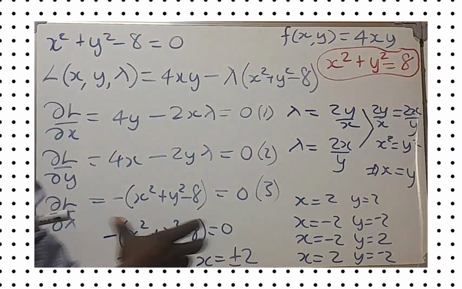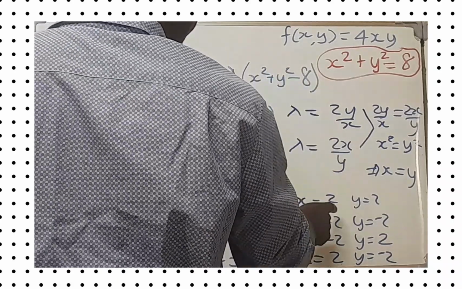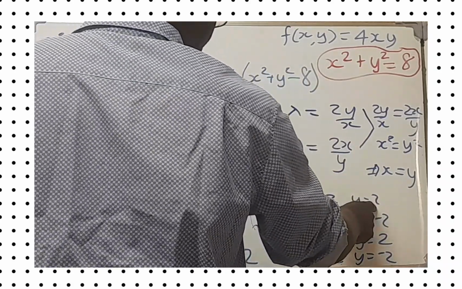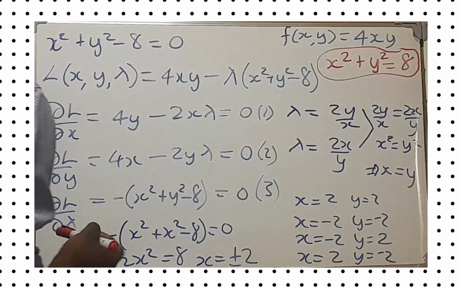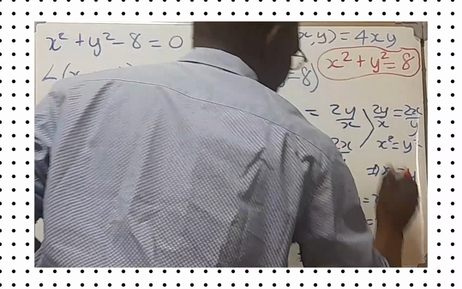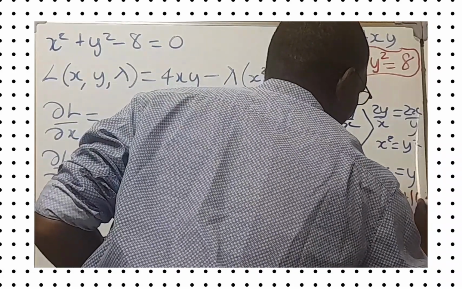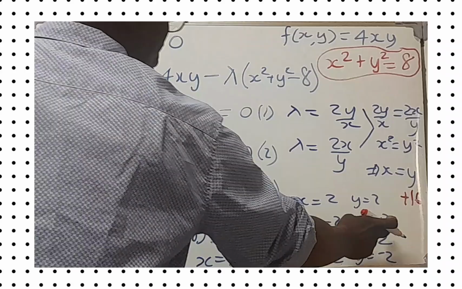Now, what does this give us for the function f(x, y)? When x is 2 and y is 2, that gives us 4 times 2 times 2, which is equal to 16. Let's write it in red. So here, our f(x, y) will be equal to plus 16. Down here, x is minus 2, y is minus 2.